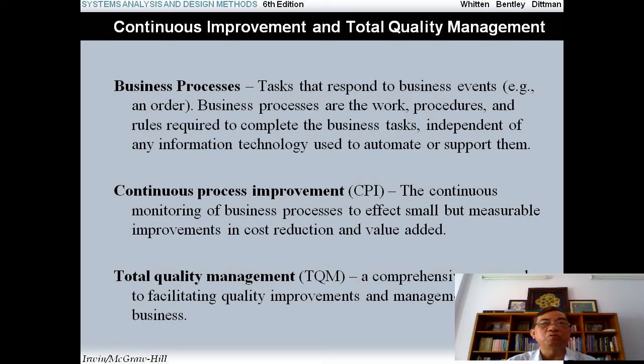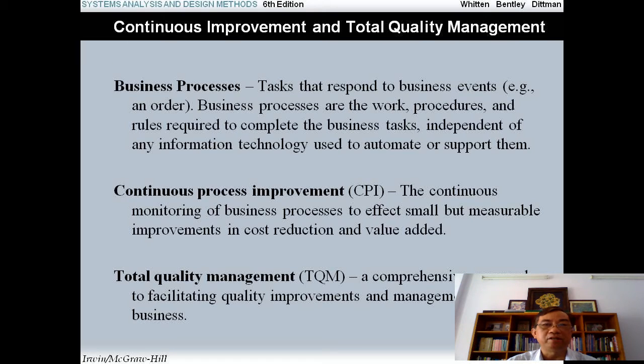Continuous improvement and total quality management. You must improve your quality. Business processes are the tasks that respond to business events: the work, procedures, and rules required to complete the business task, independent of any information technology used to automate or support them.